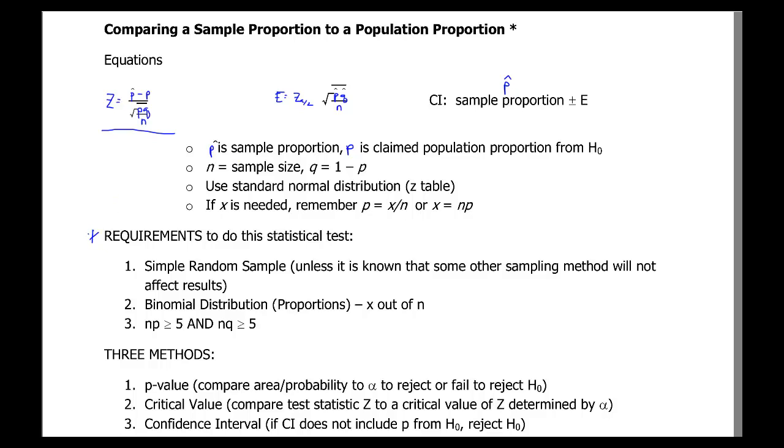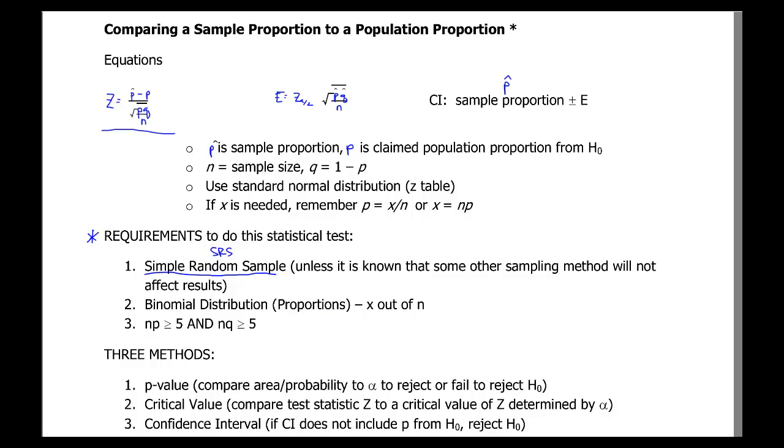Requirements. This is something that you should check before you do any problem, just to make sure that it's the right kind of data that this type of equation will work for. So the first requirement is you have to have a simple random sample, and I'm going to abbreviate that SRS later.